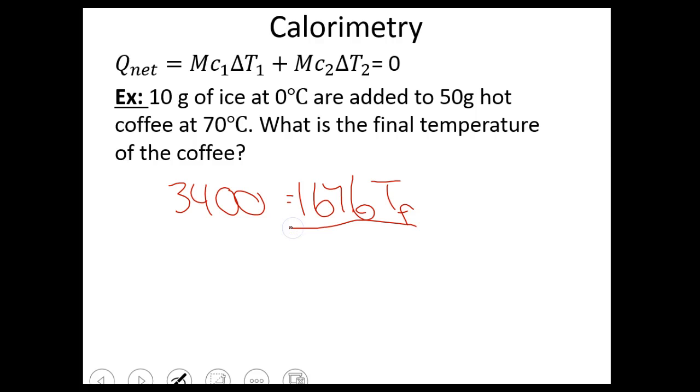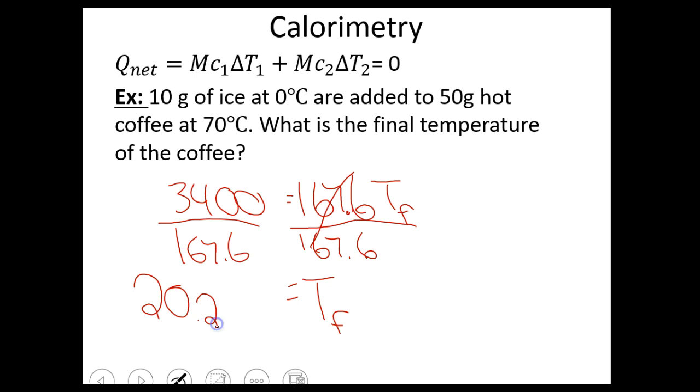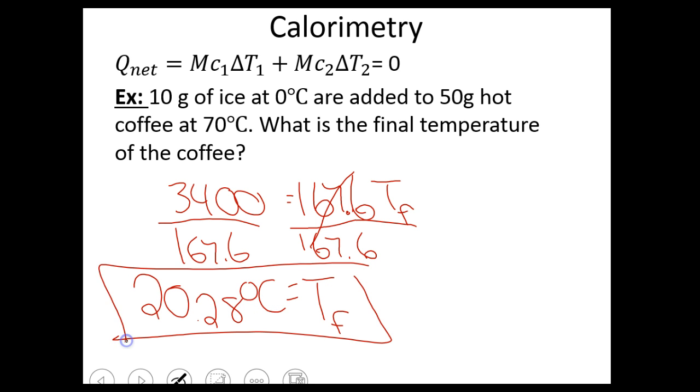To get the temperature final by itself, I need to divide by 167.6 on both sides. Those cancel. And the final temperature of both the coffee and the ice is going to be equal to 20.28 degrees Celsius. And then does that make sense? Well, yes it does, because the coffee started at 70 and it's cooling off.